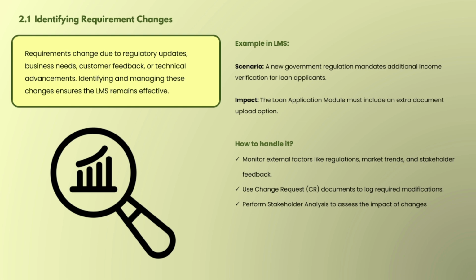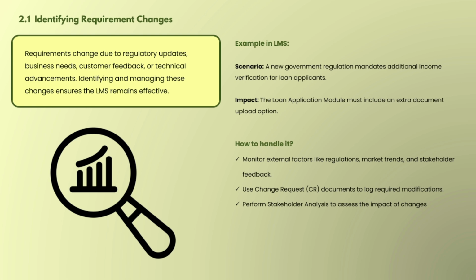Let's take an example. Scenario: a new government regulation mandates additional income verification for loan applications. The impact is that the loan application module must include an extra document upload option.